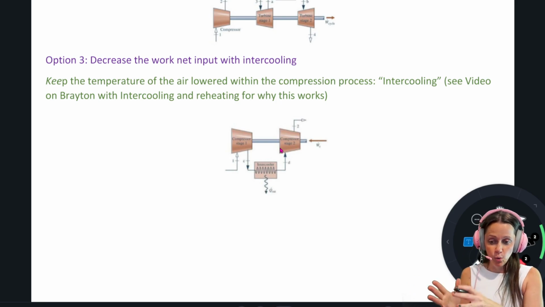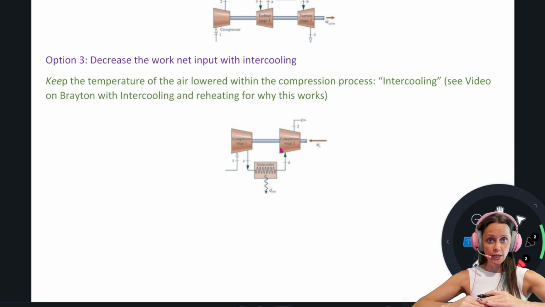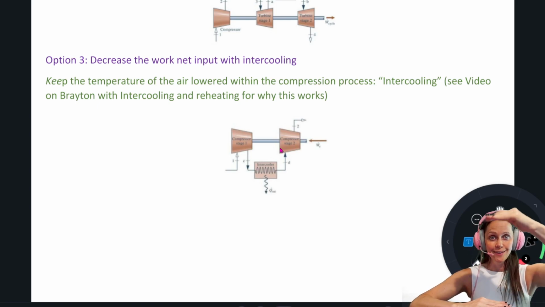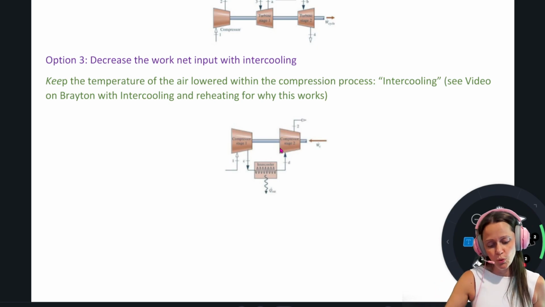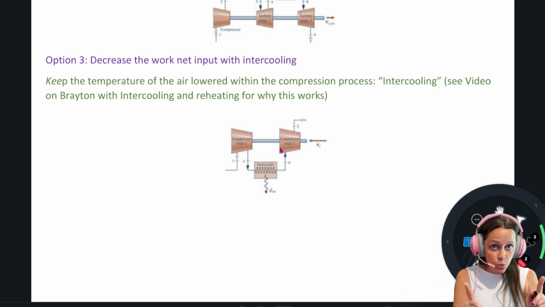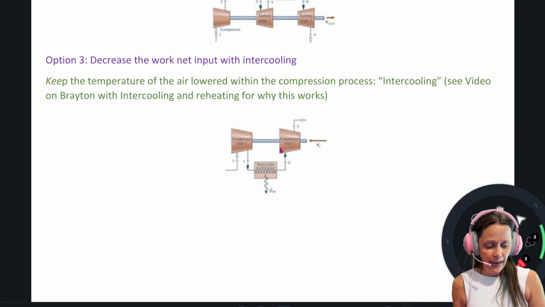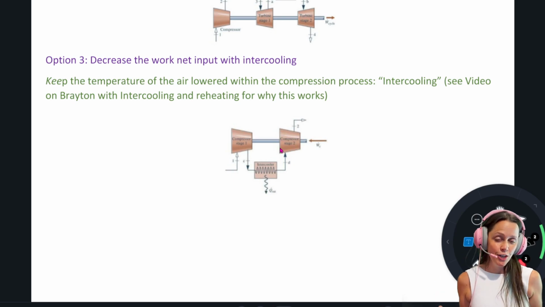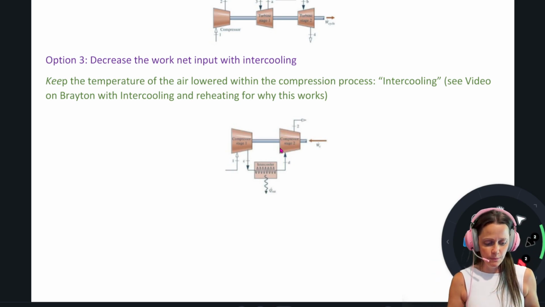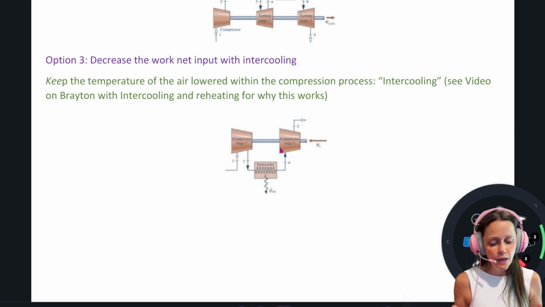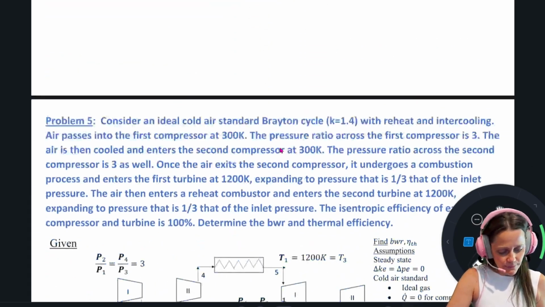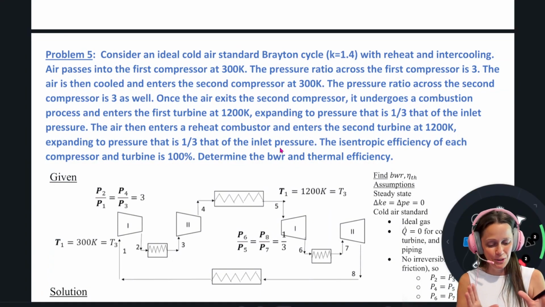So instead of using one stage to achieve a pressure increase from this pressure to this pressure, we divide it up, two compression processes, and in between those compressors, we add in an intercooler, just a heat exchanger. You're just removing heat from the system. You're keeping it cool.